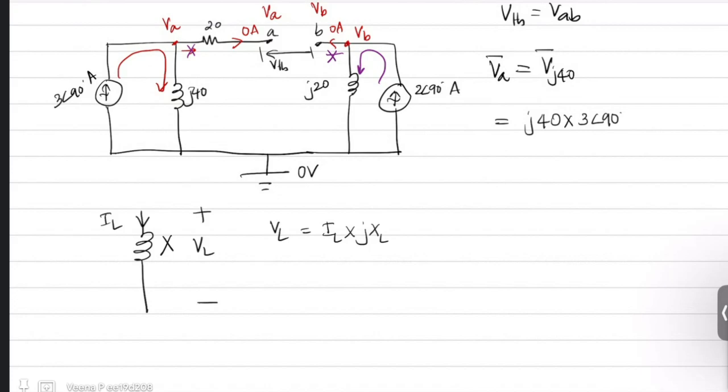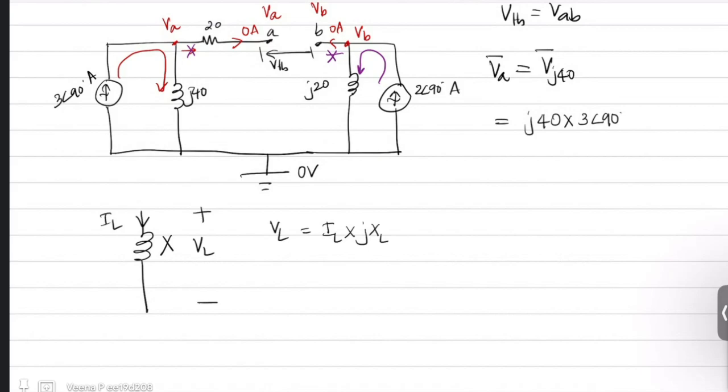Current always flows from higher potential to lower potential. Whether that current is positive or negative, you don't know because you are just naming it by variable name. So you gave a variable name for the current and you chose a direction for that current. You can choose the variable name for voltage, but that voltage polarity will now be fixed. So that VL is given by IL times JXL. In this case also it is true.